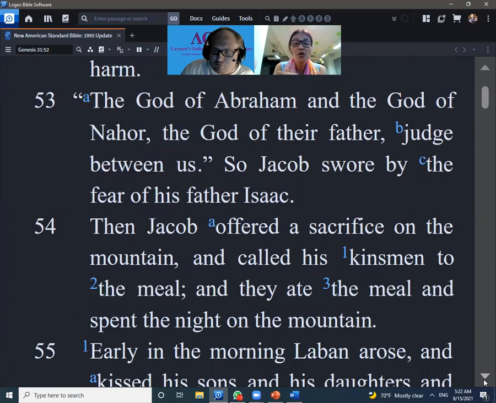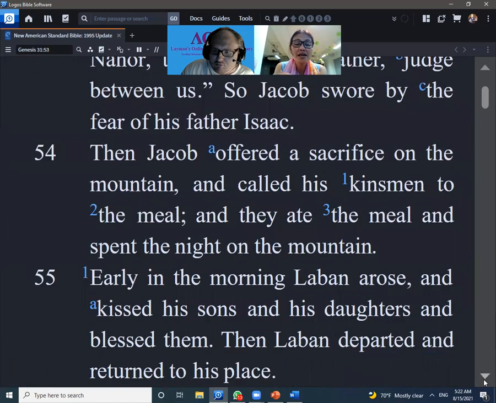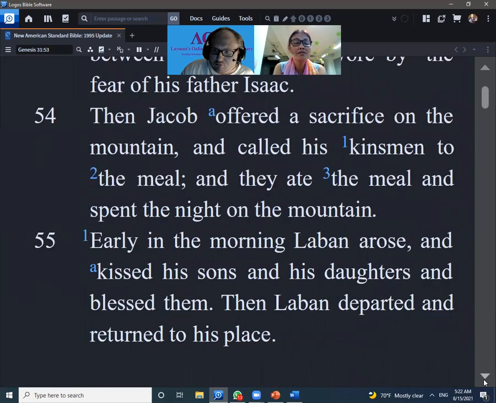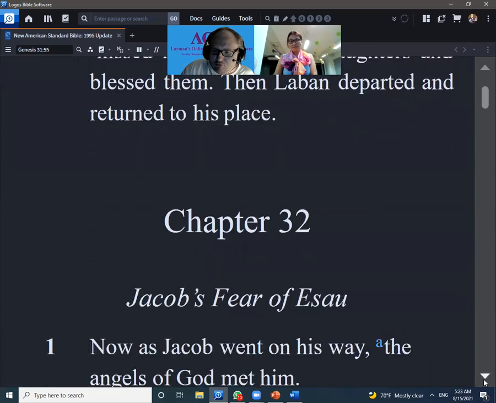So Jacob swore by the fear of his father Isaac. Then Jacob offered a sacrifice on the mountain and called his kinsmen to the meal. And they ate the meal and spent the night on the mountain. Early in the morning Laban arose and kissed his sons and daughters and blessed them. Then Laban departed and returned to his place.